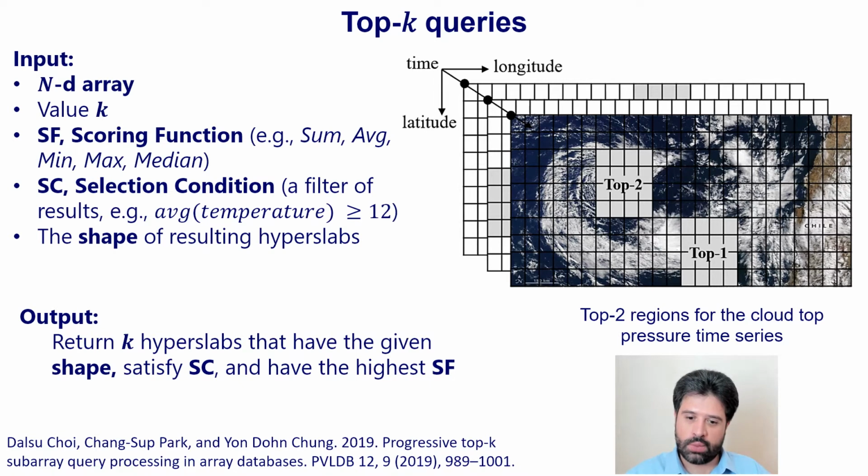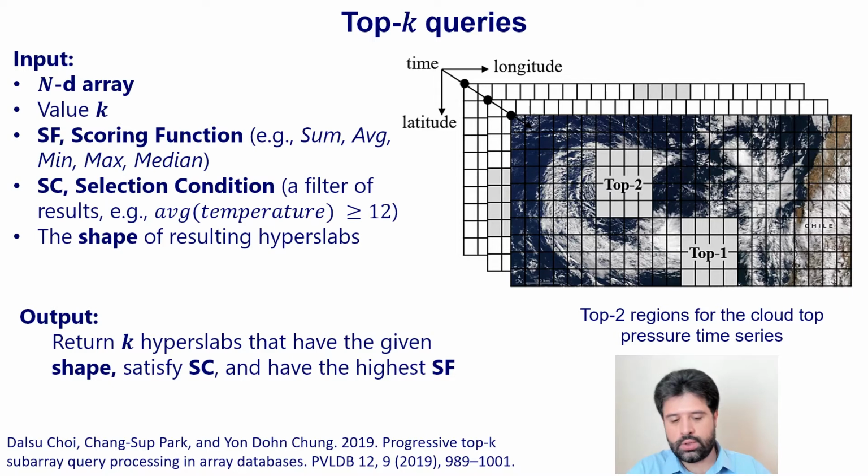Recently, top-K queries for ArrayDBMSs were first introduced. Users provide a scoring function, for example, a median of cell values, a selection condition, that is a kind of filtering criterion, like the average of cell values should not exceed some threshold, and a fixed shape.